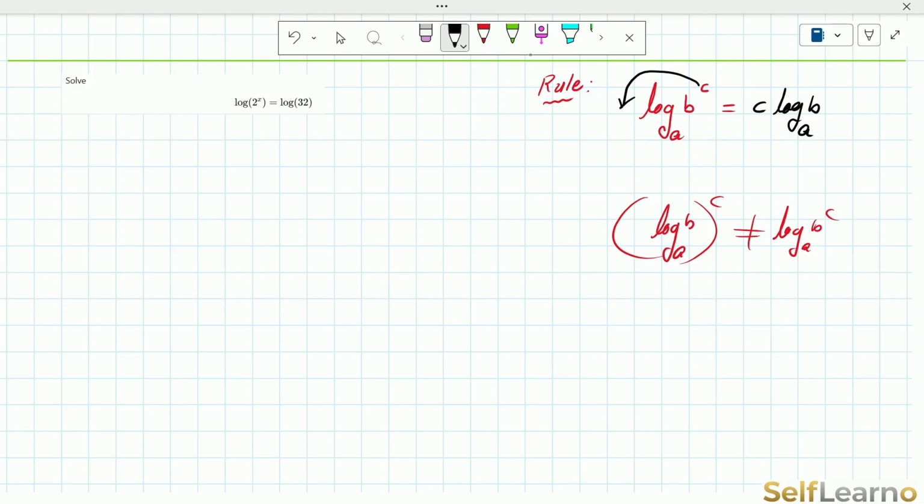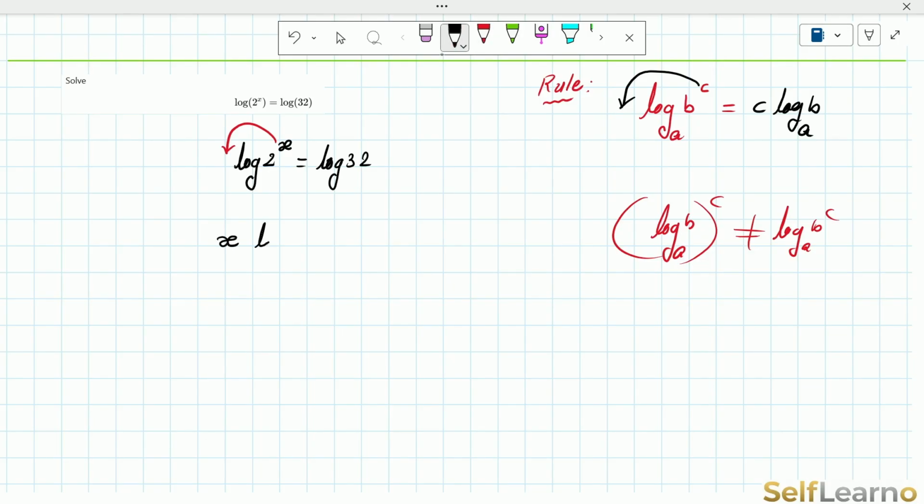So here, the power x is applied to this 2 only, right? So I can bring that x in front. So basically, it is written like this: log 2 to the power x is equal to log 32. According to this rule, we can bring this x over here in front.